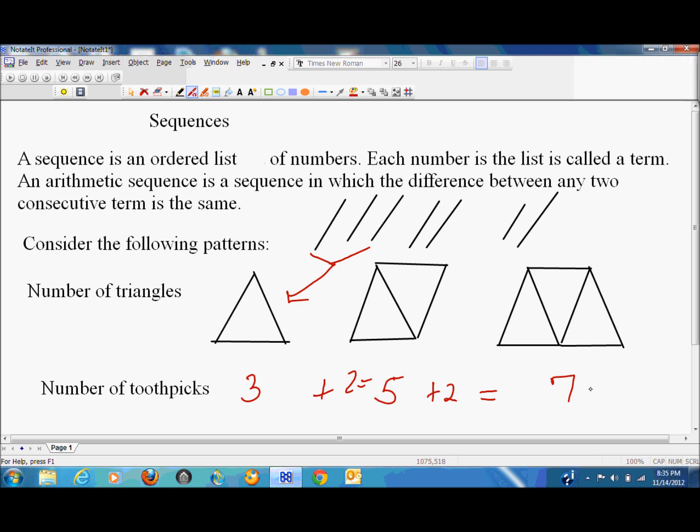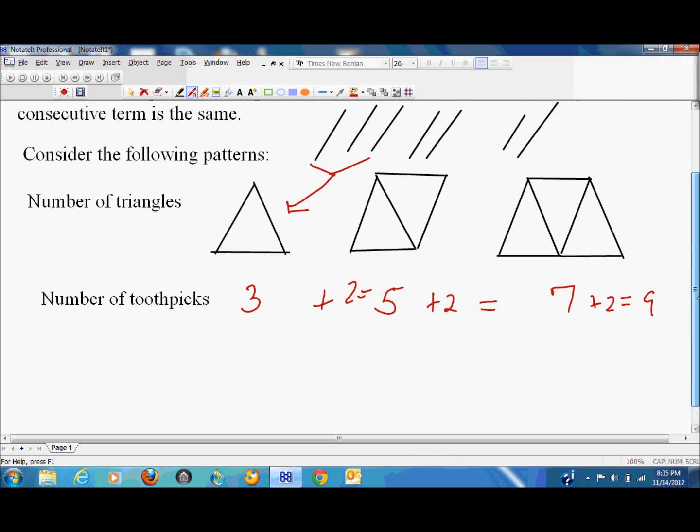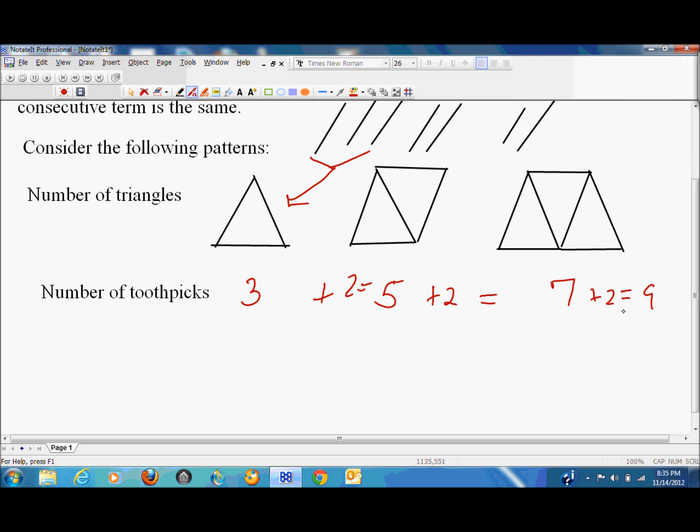Again, I would use 7 plus 2, which would give me 9. And then for 6 triangles, 9 plus 2 would give me 11, and then 11 plus 2 would give me 13, and so forth.